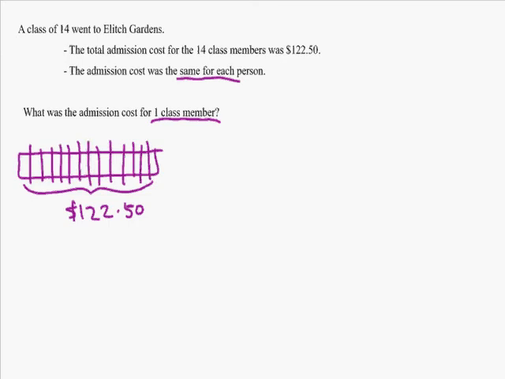So let's go ahead and do that division. I'm going to set up my long division, and it's going to be $122.50 divided by 14. Let's go ahead and start dividing this. I know that 14 cannot go into 1, 14 cannot go into 12, and 14 can, however, go into 122.